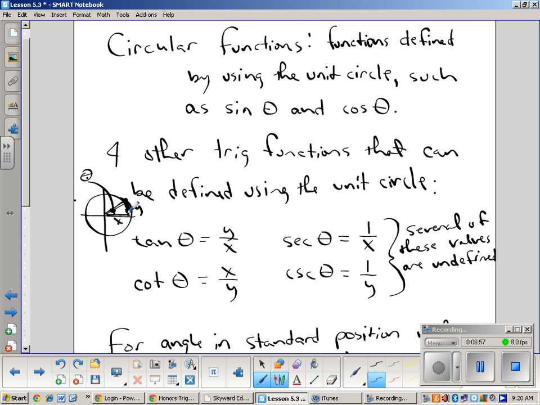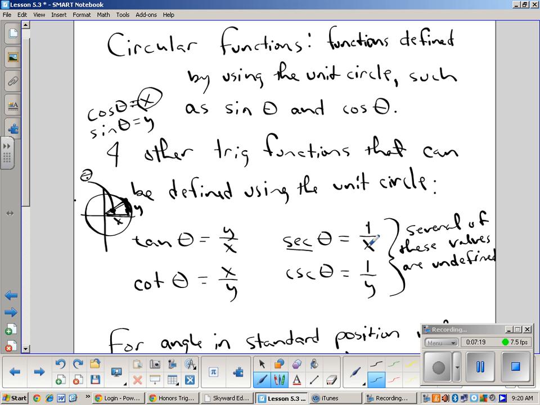Now we said cosine theta is equal to x, and sine theta is equal to y. And we also said that secant is the reciprocal of cosine. So the reciprocal of x is 1 over x, right?